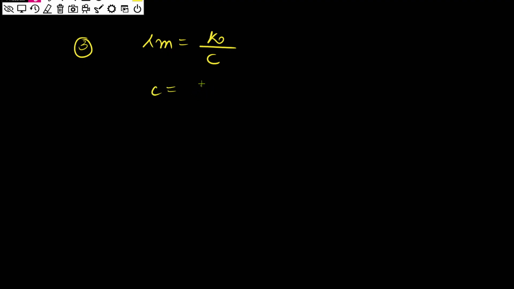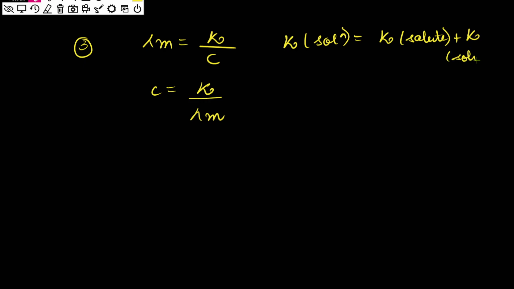Alternatively, we can also write that the concentration is equal to the conductivity divided by the molar conductivity. And always remember that the conductivity of the whole solution is equal to that of the salt or solute plus that of the solvent.